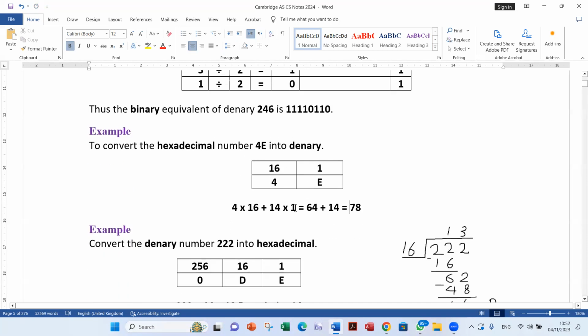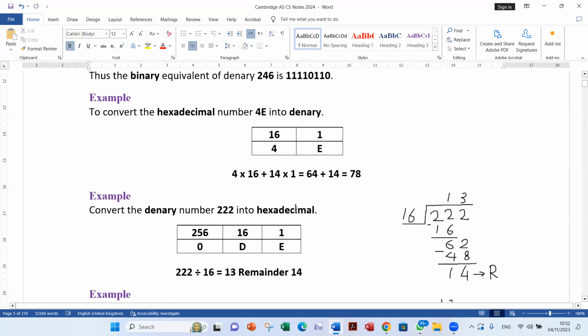Let us do the opposite. We would like to convert the denary number 222 into hexadecimal. Probably we will be doing division, because here we did multiplication.